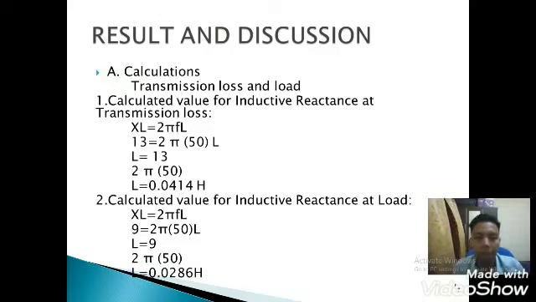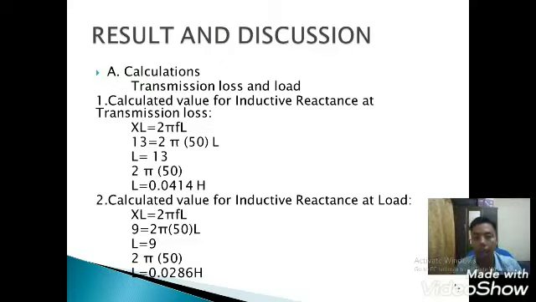So for result and discussion, for calculation of transmission loss and load, firstly we calculate the value of inductive reactance at transmission loss. The formula is XL is equal to 2 pi fL. We know the XL from the matric number is 13 and the frequency is 50.